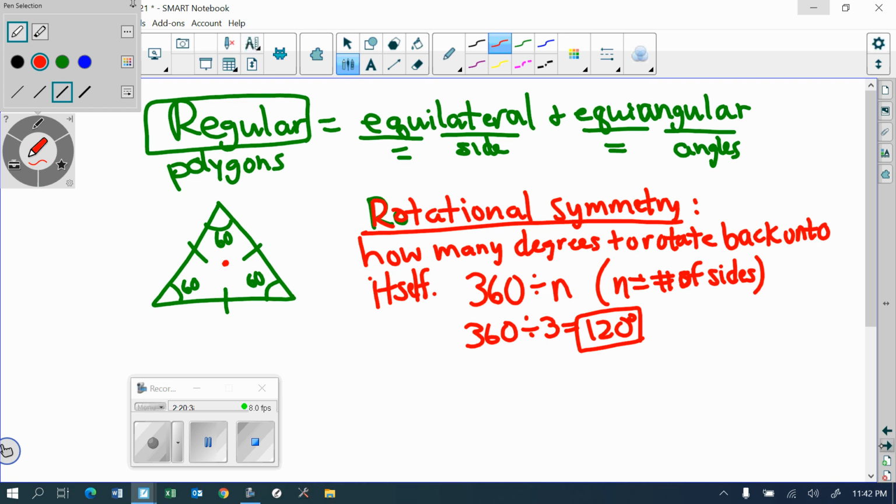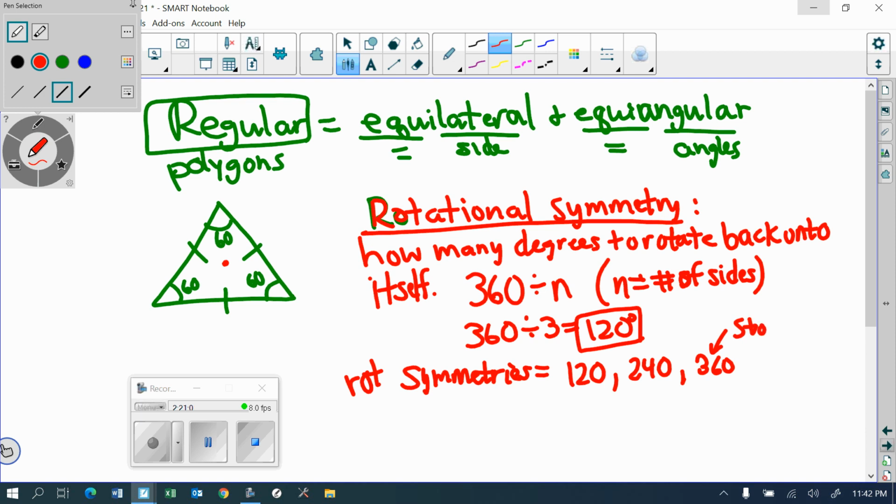If it asks what are the symmetries, plural, say rotational symmetries, then I keep adding 120 degrees. So 120 plus 120 is 240. If I did another one, it'd be 360, but we do not include 360.